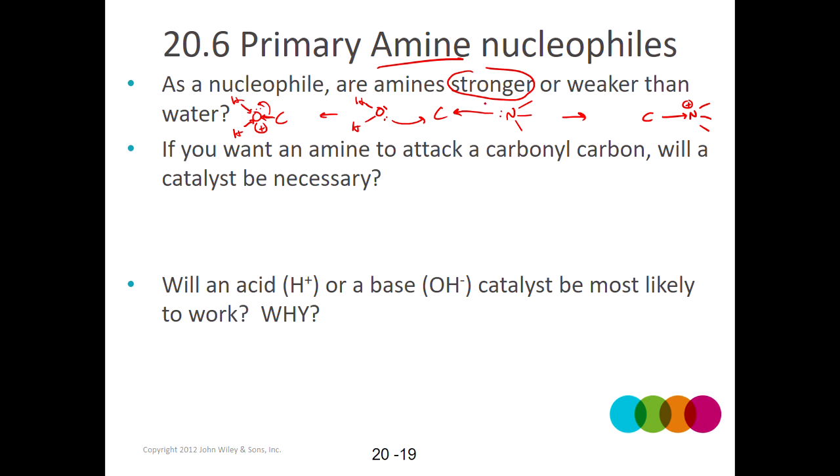Even though they're stronger than water, we still need a catalyst, because we still have the same issue where if I have a carbonyl compound and I'm experimenting with the possibility of an amine attacking that compound, if I don't have a catalyst, it requires two neutral reactants to form an intermediate with two formal charges.